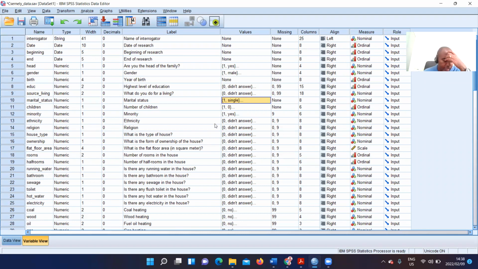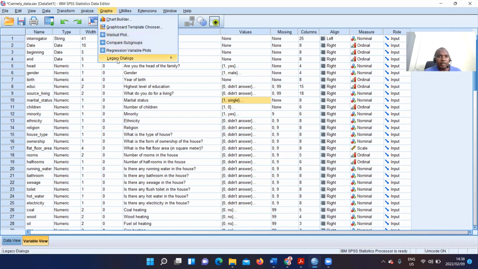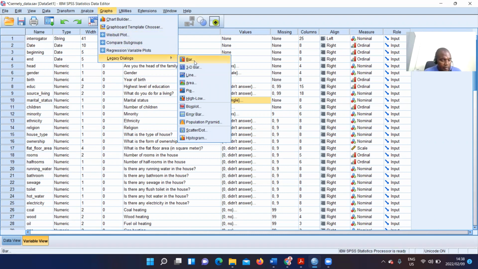We can also create a scatter plot of average income and total expenditure of households, if we set markers by the type of heating. So we go to graphs, ladies and gentlemen. We go to legacy dialogues. We go to scatter dot.